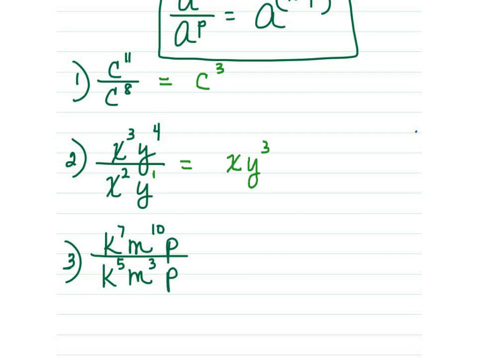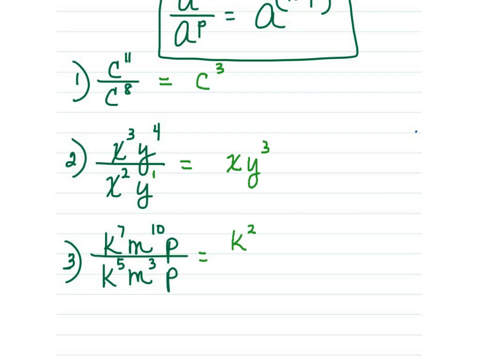Number 3. K to the 7th, m to the 10th, p, divided by k to the 5th, m cubed, p. Okay, let's divide the k's first. K to the 7th divided by k to the 5th would equal k squared.